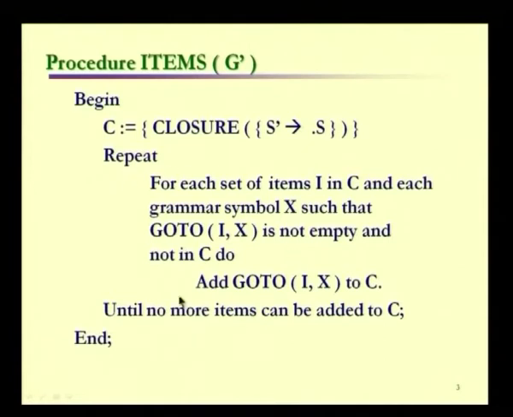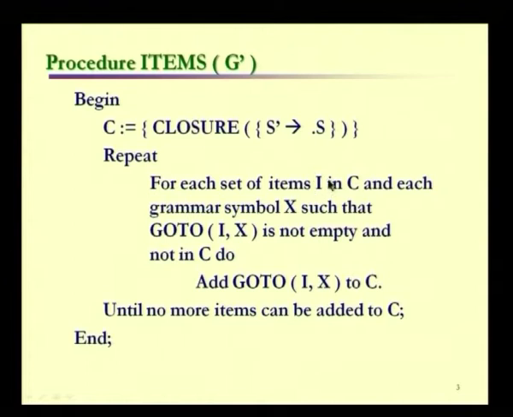To find the rest of the states, we go through each set of items I in C, where I stands for the state and C stands for the canonical collection of all the items, and for each grammar symbol x. Now we have two parameters: which state we are in, that is I, and a grammar symbol x. If you are in the state I and have the grammar symbol x, what will be the next state? That is what we have to find out.